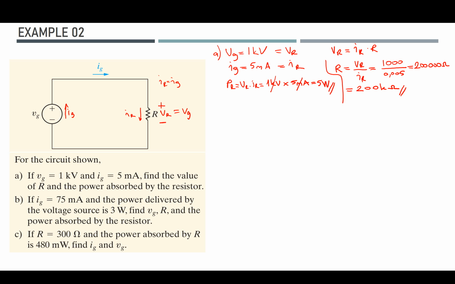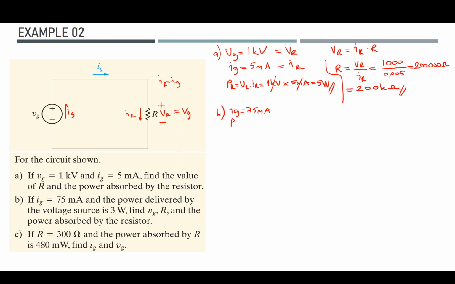Now if we go into part B, we are given the fact that IG is 75 milliamps and the power delivered by the voltage source is 3 watts, but we know that this voltage source is sourcing energy to the rest of the circuitry.